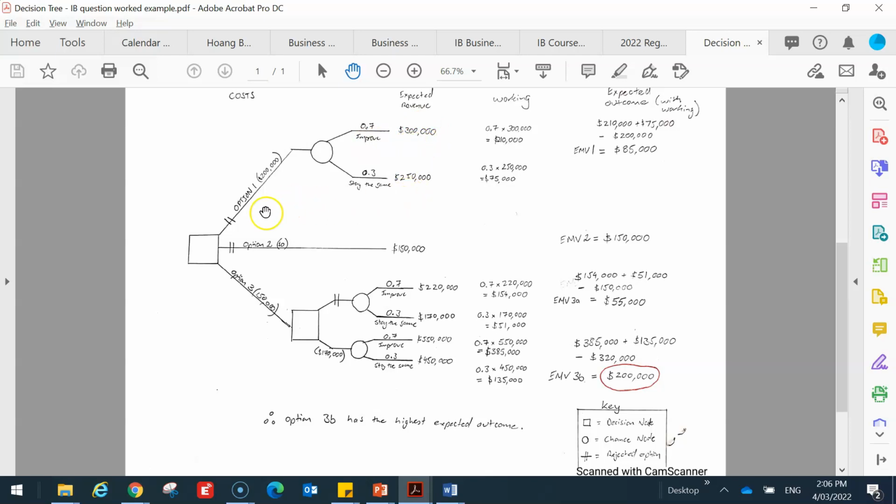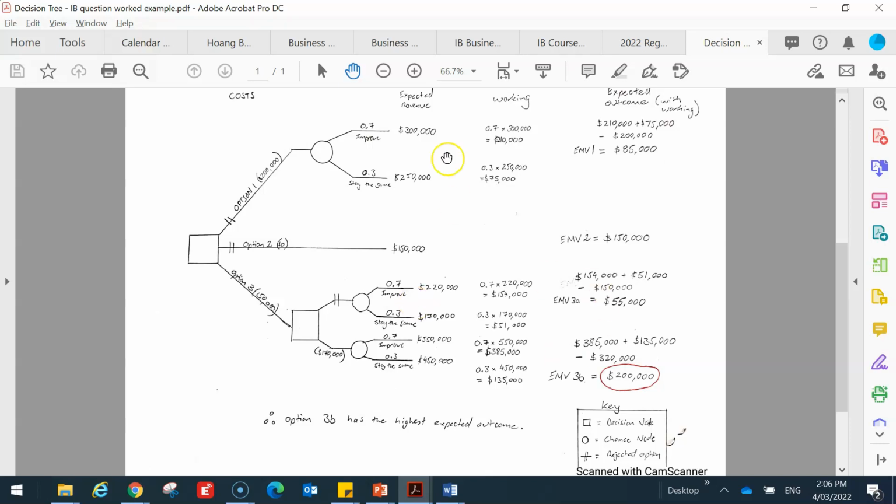I've done the same for 0.3, which was the economy remaining the same. That was the expected revenue. This step in the middle is consistent with what we went through in class. It's just that extra working out to help you visualize what's actually happening.